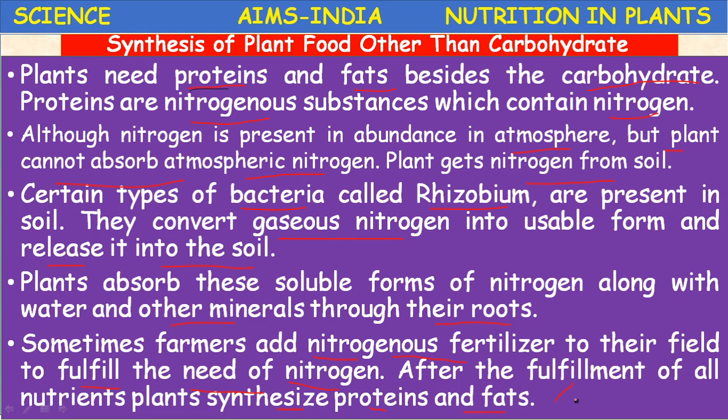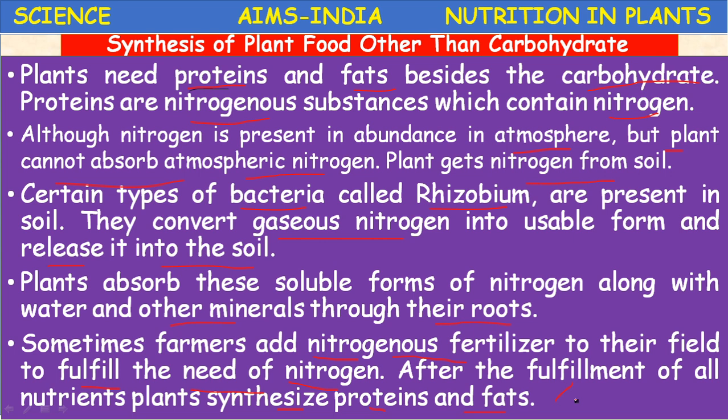So we have concluded that in photosynthesis only carbohydrates form, but the plant also needs proteins and fats. So how are they produced in the plants? They are absorbed from the roots, from the soil.